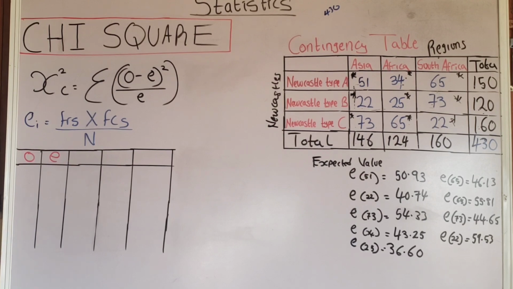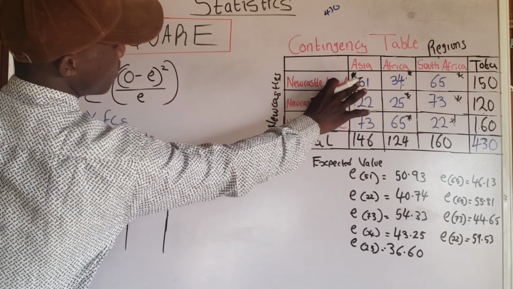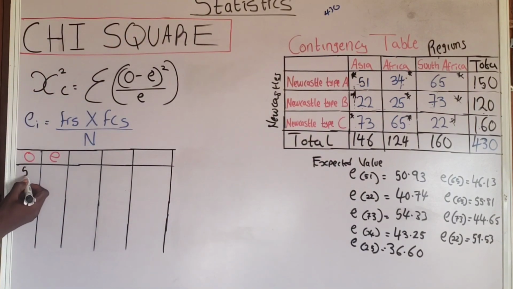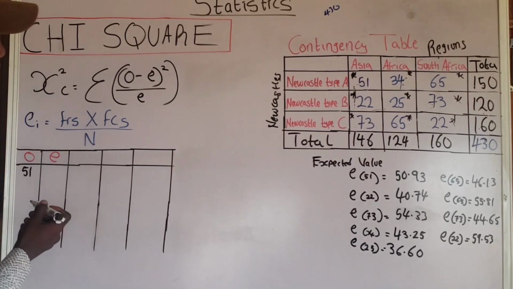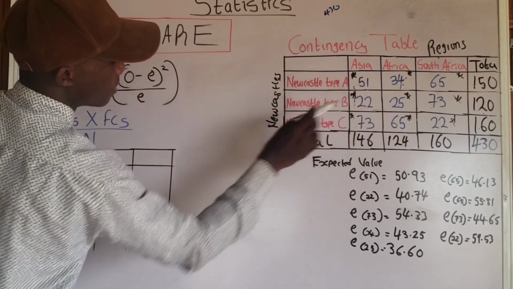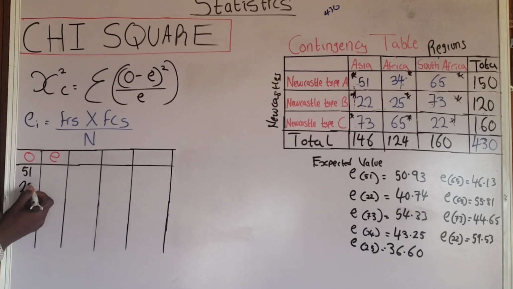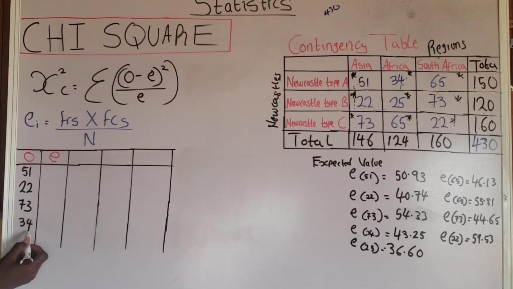The observed values are the samples that are given. We have 51. Are you paying attention? Then after 51, we have 22. Then we have 73. We have 34. Oh, I need to draw the line. Let me quickly draw the line.